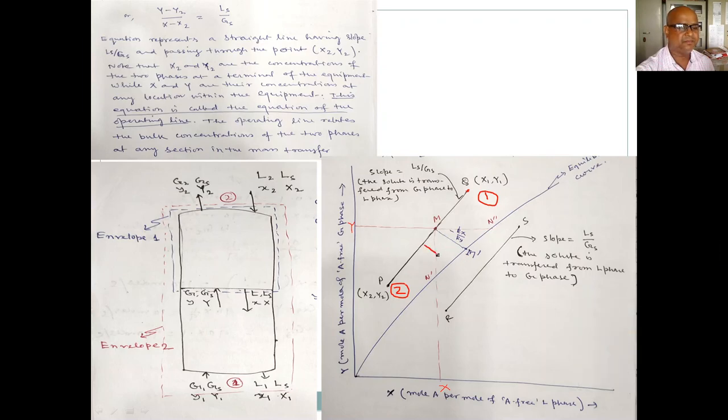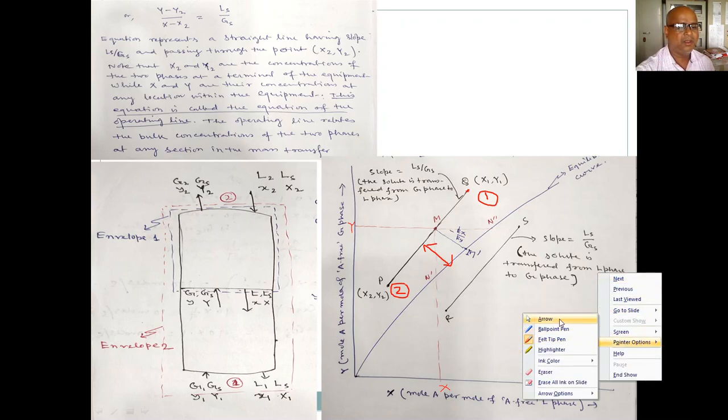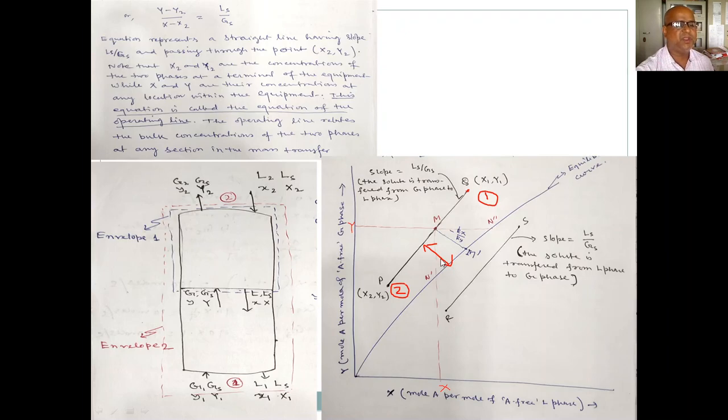If this gap is higher, it means you have more driving force. You are away from the equilibrium, meaning you have a better driving force, so there will be more flux, isn't it?